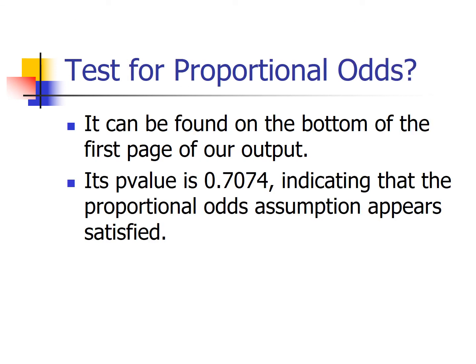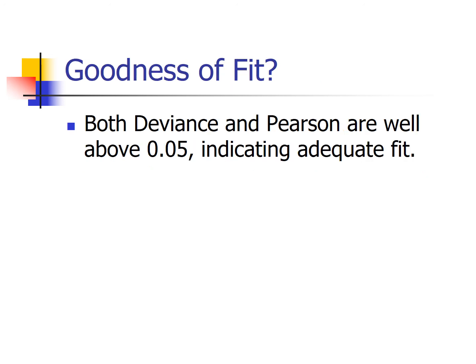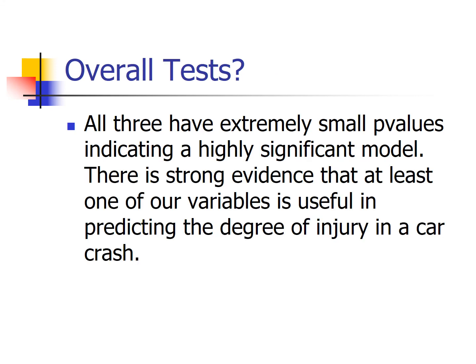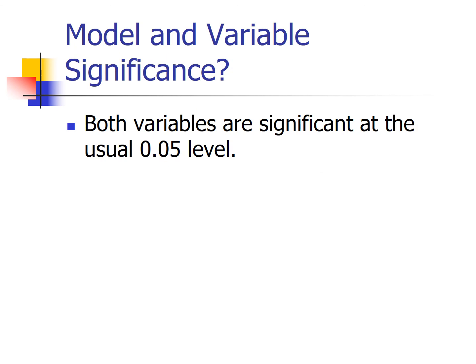We saw that our test of proportional odds indicated that it was a reasonable assumption. Our goodness of fit tests indicated an adequate fit. Our overall tests were highly significant. And both variables were significant at the 0.05 level.